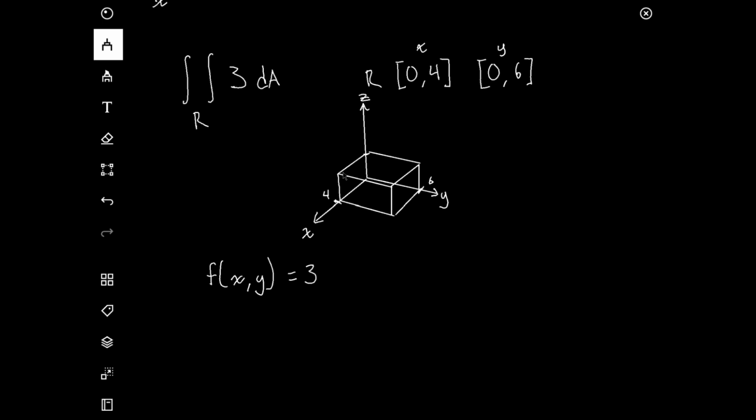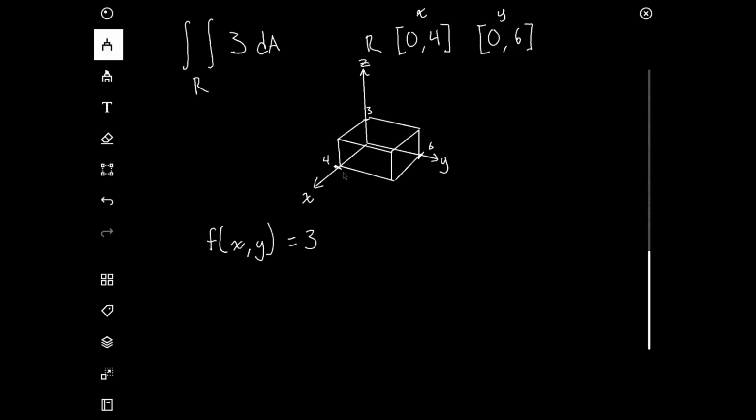Great. And it has a height of 3. Okay, now you know how to calculate the volume of that. It's pretty easy. But we're not going to do it in a typical geometrical way. Instead, we're going to do it through integrals.